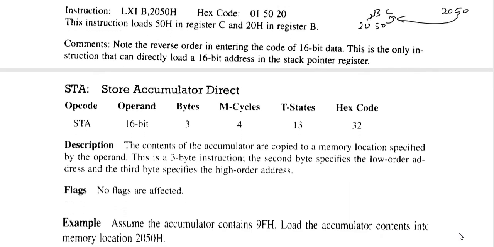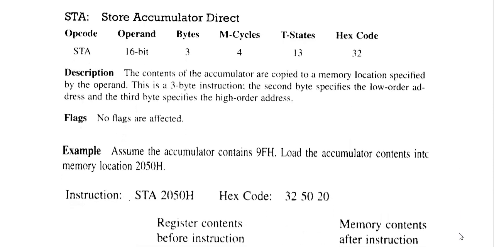Now the STA instruction, called store. In the previous slides we saw two instructions, LDA and LDAX, which load data from the given memory location, directly specified or indirectly specified, into the accumulator. Now, if we want to store data from the accumulator to a memory location, we have the corresponding instructions STA and STAX.